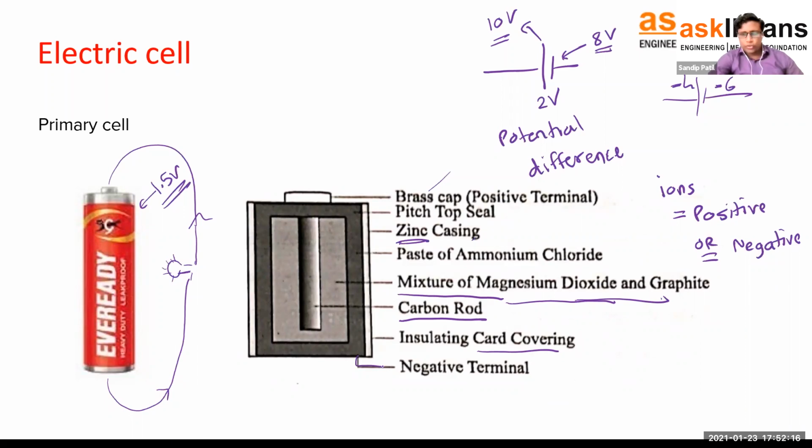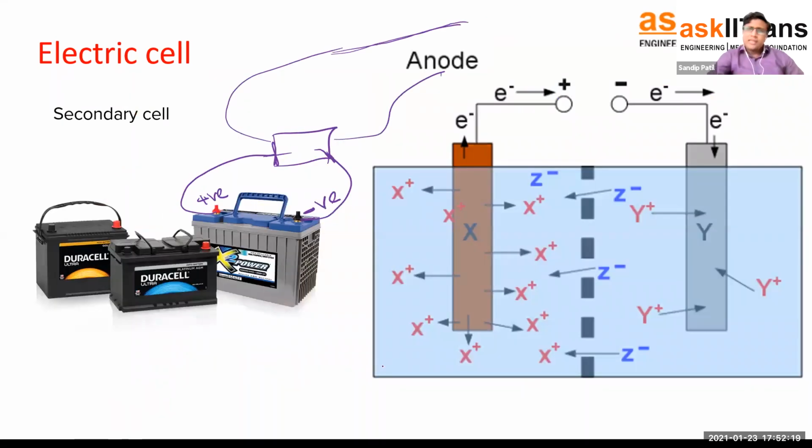In this bigger battery, instead of a casing, there are two different rods. One will be the positive rod and one will be the negative rod. For the negative rod we have the name cathode, and for the positive rod we call it the anode. Electrons will flow from the negative terminal to the positive terminal like this. Again, the electrolyte material will be there, and Y and Z are nothing but ions, which could be positive ions or negative ions.